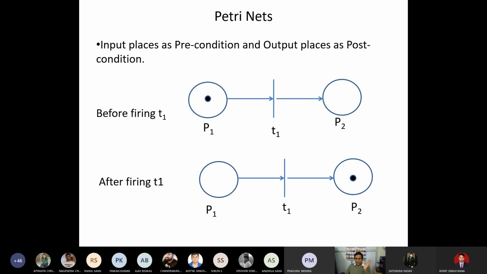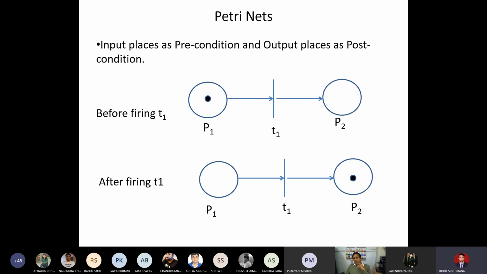So before firing T1, the marking is 1 and 0: input place P1 has 1 token and P2 has 0 tokens. After firing T1, P1 has 0 and P2 has 1.